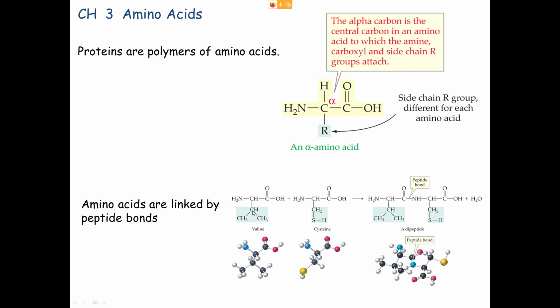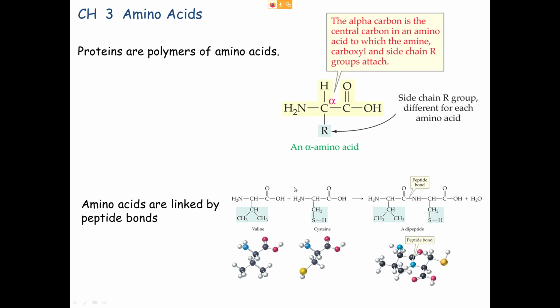The beta carbon is branched, right? There are 2 methyl groups on it. One of these is called the delta 1 carbon, the other one's called the delta 2 carbon. There are 2 deltas. Okay? For cysteine, all we have is a carbonyl carbon, alpha carbon, beta carbon, and then that beta carbon has a sulfhydryl group on it. So it varies what R group is attached, but they still all have the same pattern.